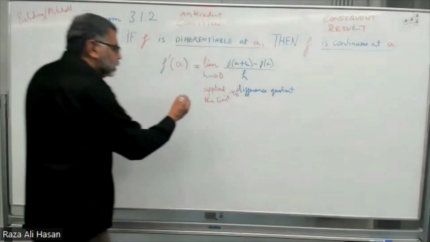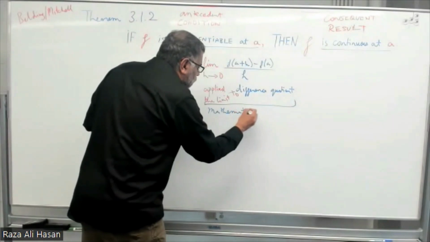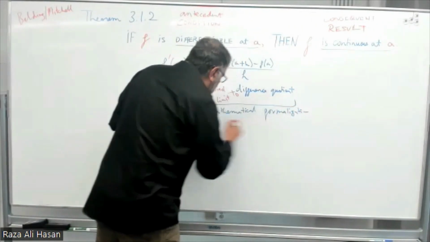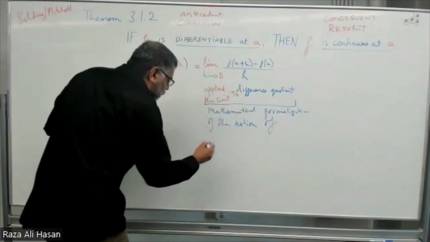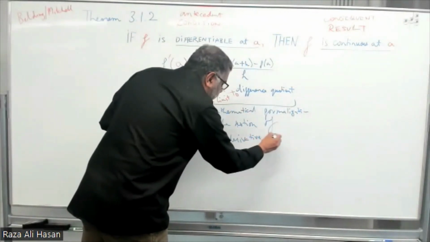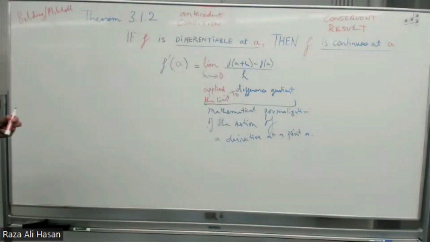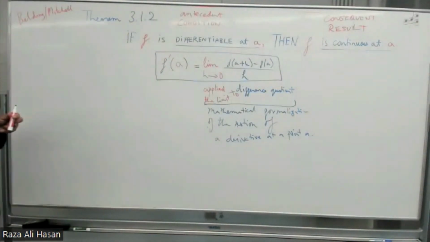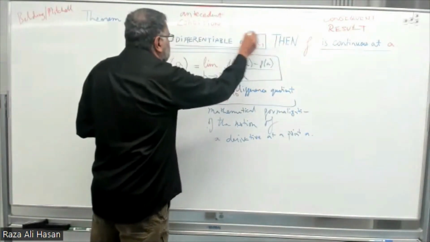And when we do that, this is the mathematical formalization of the notion of a derivative at a point A. Another way to say this is that this whole box is the formalization of this box.